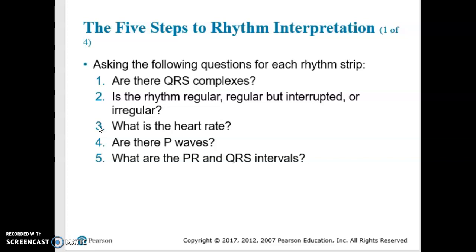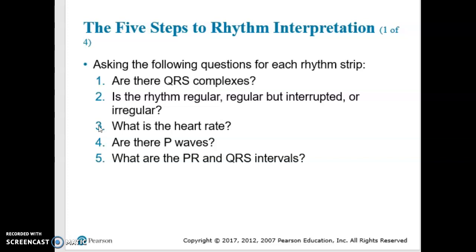We will find the 2 R waves that are furthest apart, and we will count the little blocks using the little block method and determine what that heart rate is. That is going to be your slowest rate. Then we will pick the 2 R complexes that are closest together, count the little blocks, divide that into 1500 using the little block method, and that will give us the fastest heart rate.